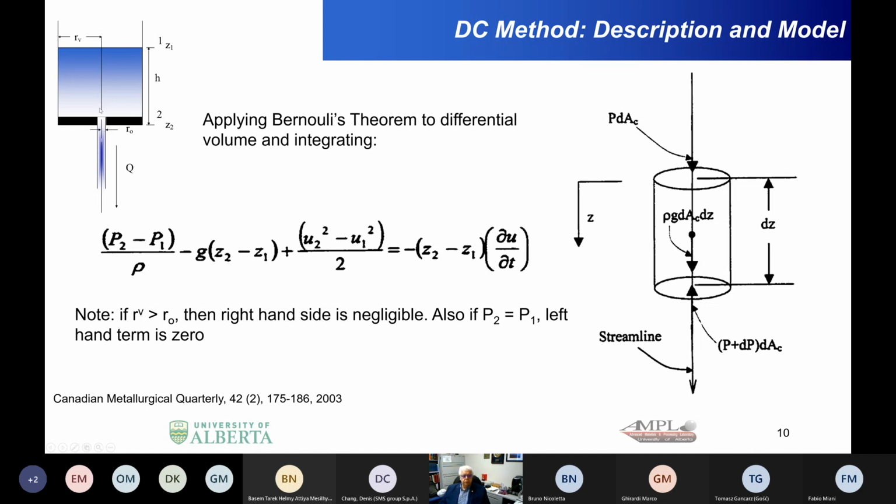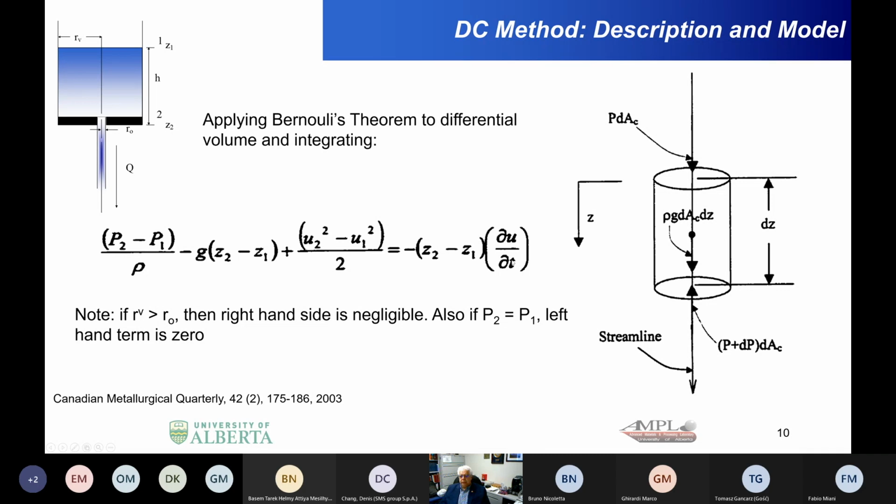To be able to follow the flow or to predict the flow of that fluid, we're familiar with the Bernoulli equation, where we balance things against the pressure difference on both sides, the change in height, the change in the velocity at the interface here and at the exit of the orifice, and that equals any change in velocity with respect to time.